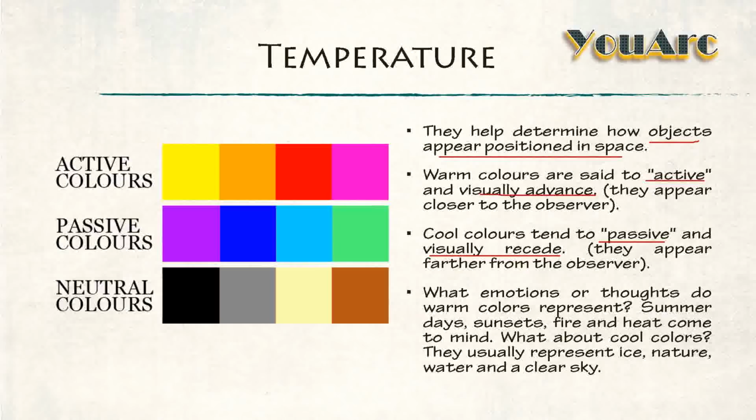They usually represent ice, nature, water, clear sky, like that. All these are emotions linked with the warm and cool colors. We also saw two other points. Warm colors are active and visually advancing, whereas cool colors are passive and visually receding. So remember these points. Moving on to the next slide.